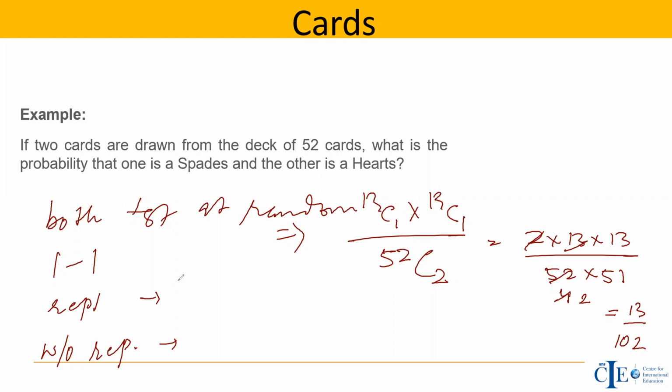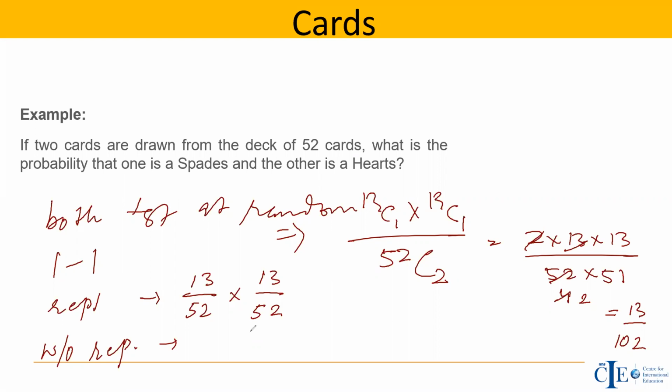Now, if you do it one by one with replacement, you pick 13 over 52, and again 13 over 52. So one spade and the other heart, but this should be wrong. Can you tell me what's wrong with this? One is a spade and the other is a heart. So you picked a spade, 13 upon 52, you place it back, then you select a heart, which is again 13 upon 52.